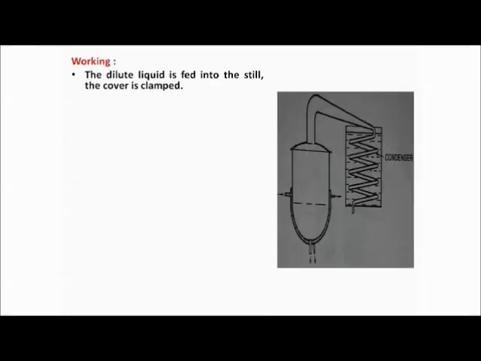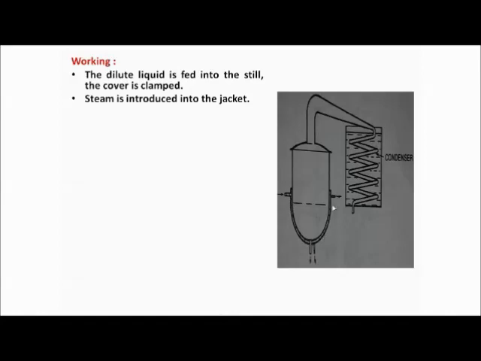Now see how it works. The dilute liquid which we want to concentrate is fed into the still and the cover is clamped. So here we fill the liquid which we want to evaporate, and the cover will be clamped. The next thing is that hot steam will be introduced into this jacket.